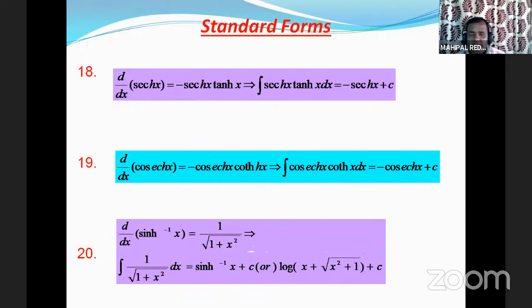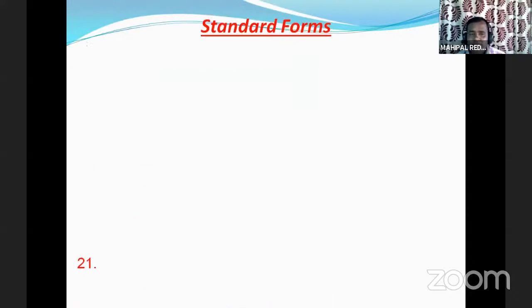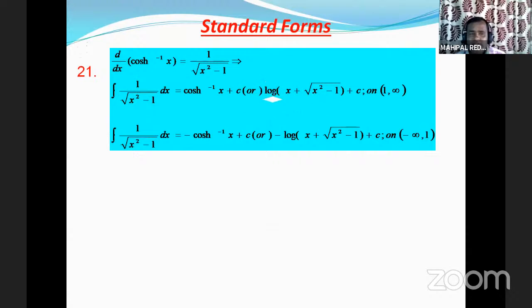And the 21st, integration of 1 by under root of 1 plus x square is sin h inverse of x or log of x plus under root of x square plus 1. Integration of 1 by under root of x square minus 1, when the domain is 1 to infinity, the value is cos h inverse of x or log of x plus under root of x square minus 1.